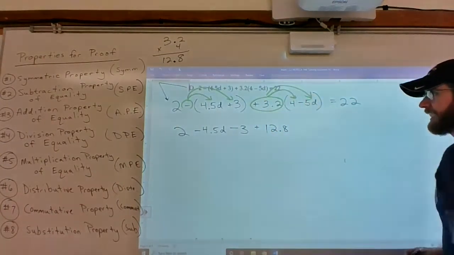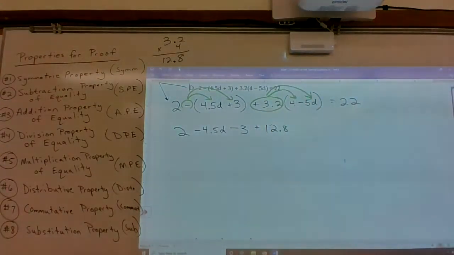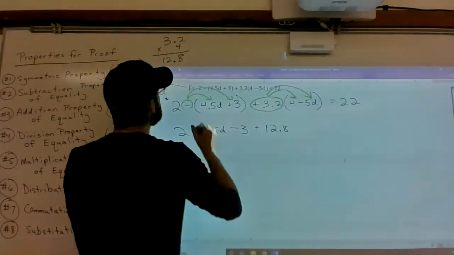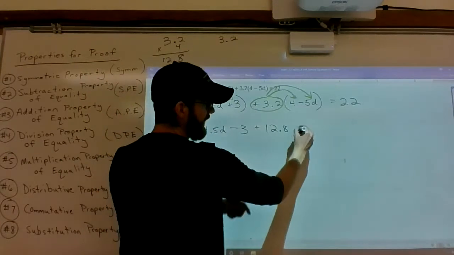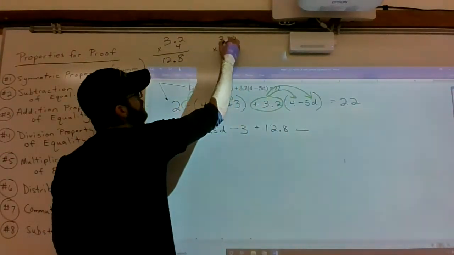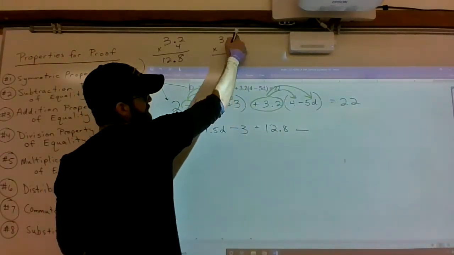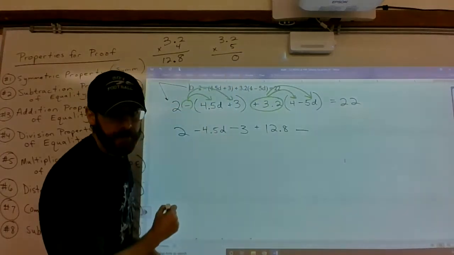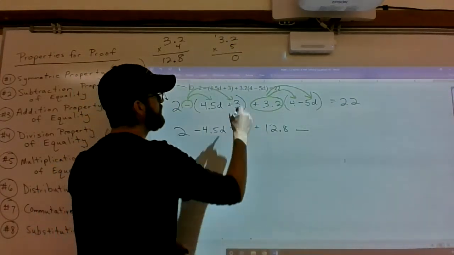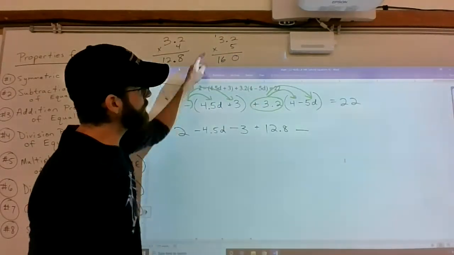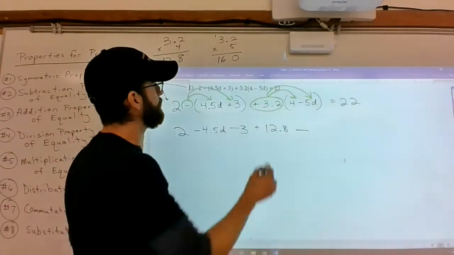And do the same thing again. 3.2 times -5. I know right away a positive times a negative is a negative. 5 times 2 is 10. Carry the 1. 5 times 3 is 15 plus 1. It's 16. Again, make sure you put a decimal down where it belongs.